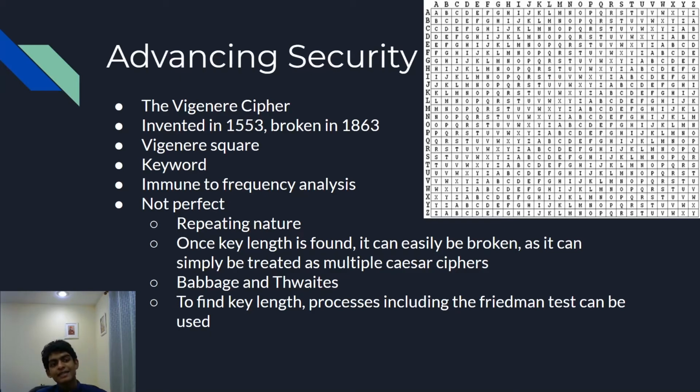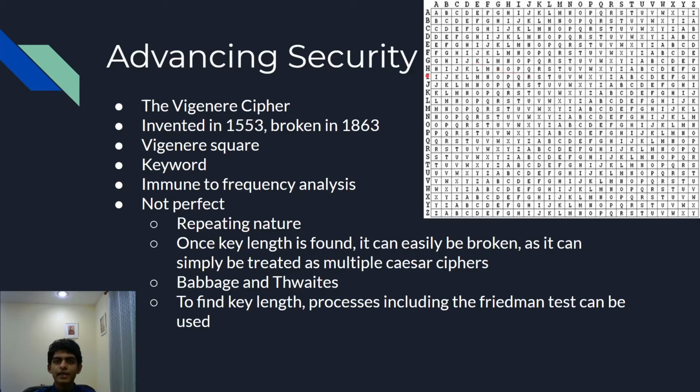But it has a few problems in that I'm repeating the keyword throughout the entire thing. I'm not using new random information there. There's information being stored about the key. And that repeating nature means once the key length is found, it can be easily broken because it can be treated as interweaving Caesar ciphers.